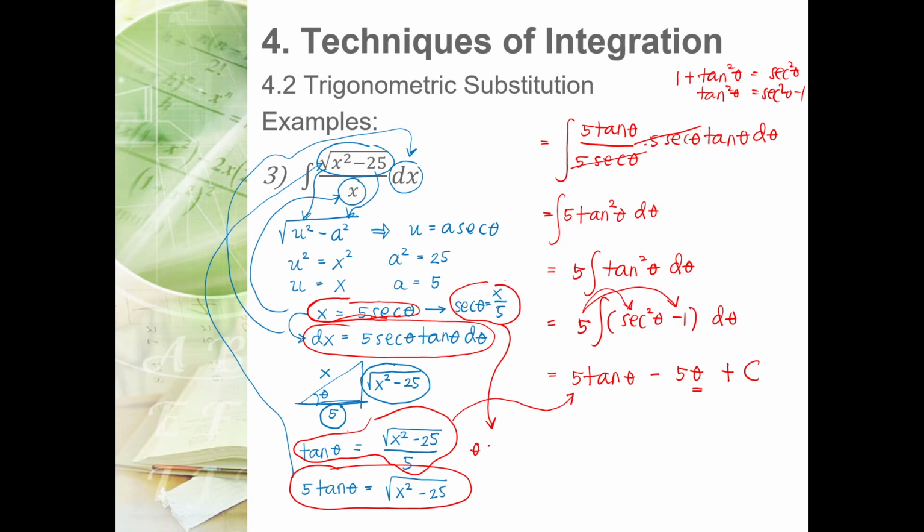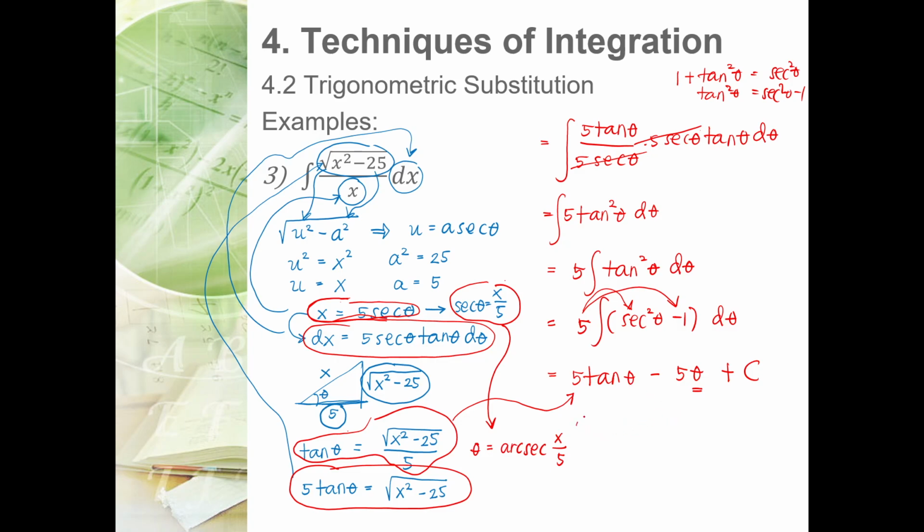So this becomes theta, and this one is arc secant of x all over 5. To determine the angle, if we're going to isolate the angle, we're going to get the inverse function for this one.